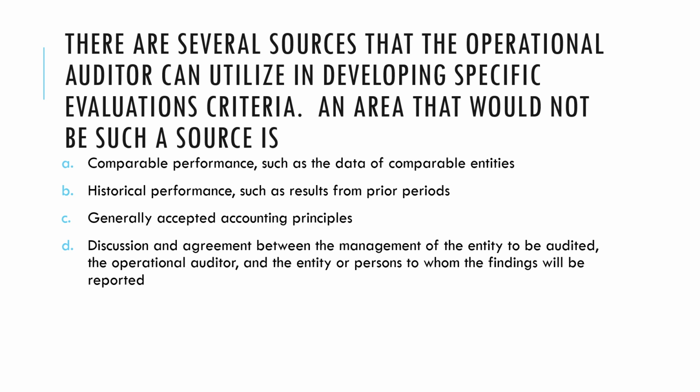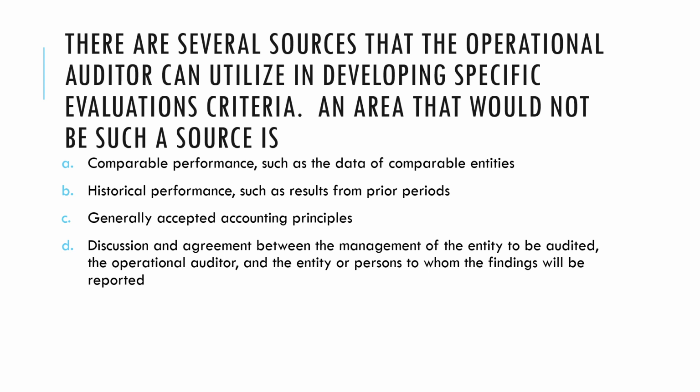Now, an area that would not be such a source is letter A, comparable performance, such as the data of comparable entities. Letter B, historical performance, such as results from prior periods. Letter C, generally accepted accounting principles. Or letter D, discussion and agreement between the management of the entity to be audited, the operational auditor, and the entity or persons to whom the findings will be reported.